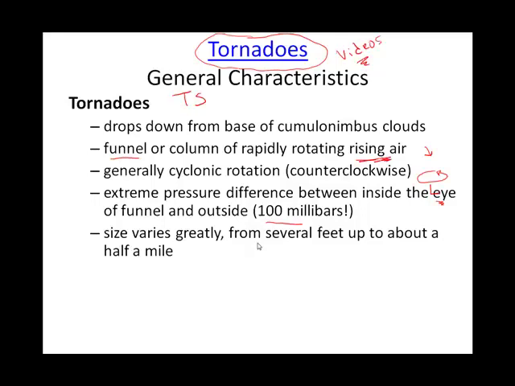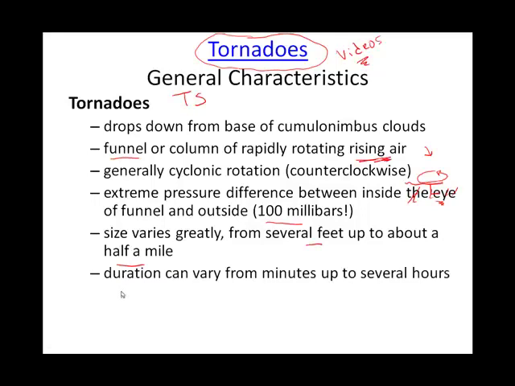Tornadoes vary a lot in size. The vortex, the part that interacts with the Earth's surface, can be anywhere from a couple of feet to a half a mile. It's just amazing. And their duration can vary a lot, from just a few minutes up to several hours. I think that's unusual to have a tornado last that long.